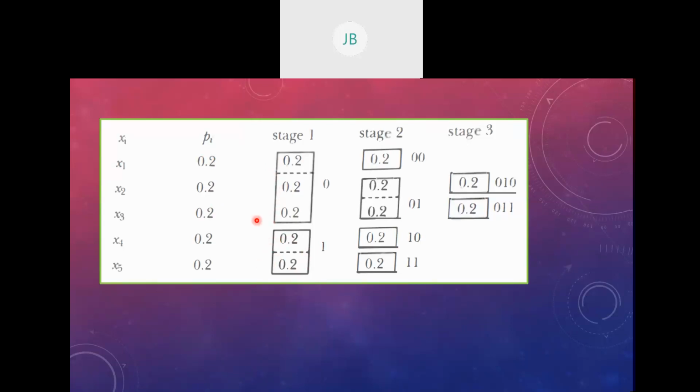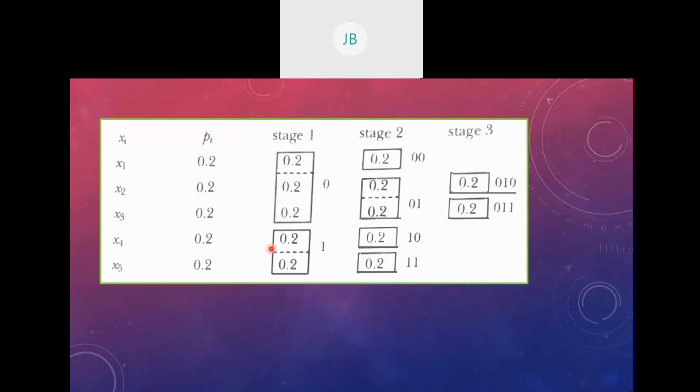Because we cannot divide these 5 symbols equally as 0.5 and 0.5, like we did in the previous example, because there is no way of distributing these elements into two groups such that they have equal probability. They are almost or nearly equal. So this is 0.6, this is 0.4.